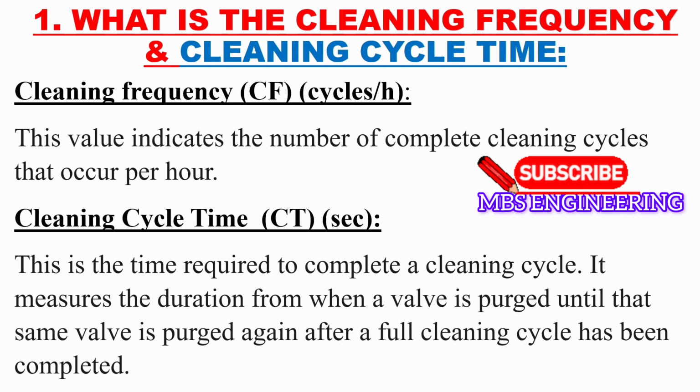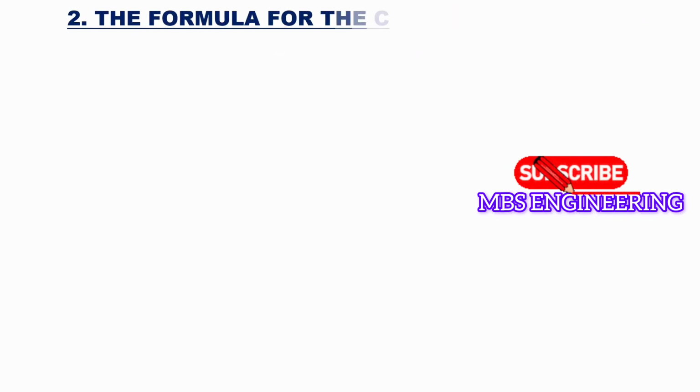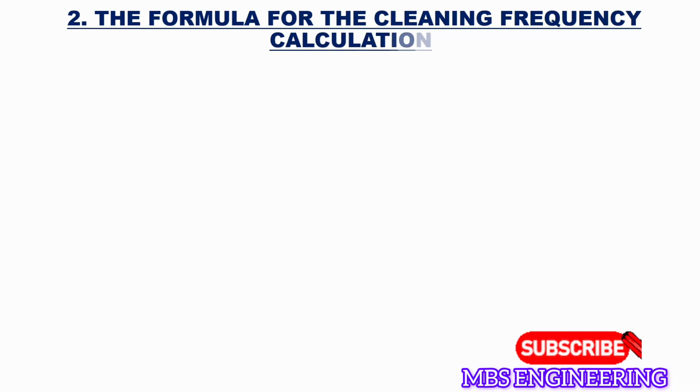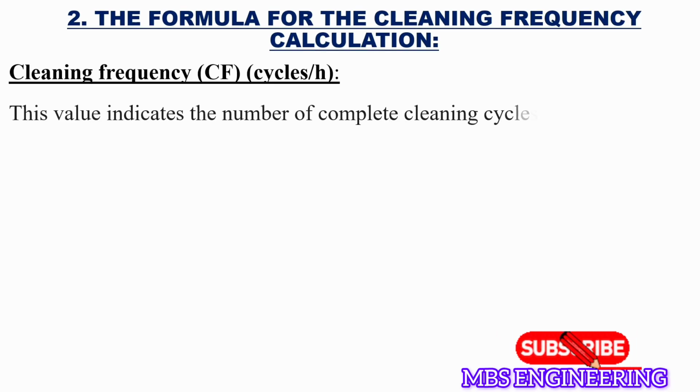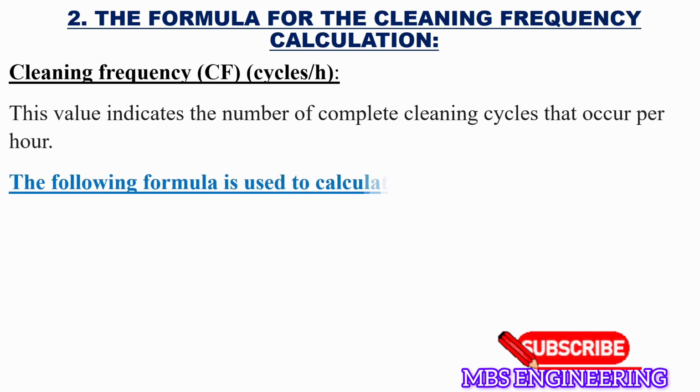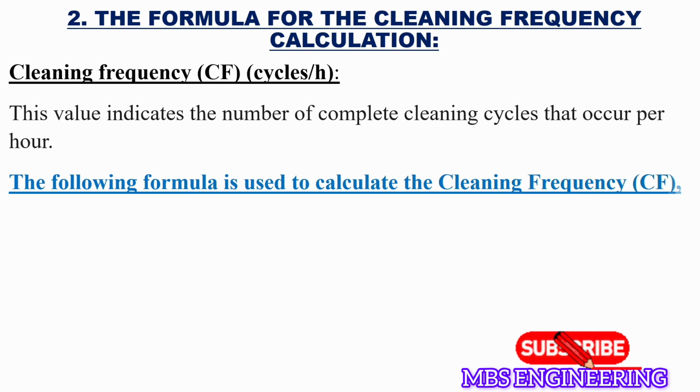Next, we will learn and understand the formula for the cleaning frequency calculation. The cleaning frequency, CF, is measured in cycles per hour. This value indicates the number of complete cleaning cycles that occur per hour. The following formula is used to calculate the cleaning frequency, CF.